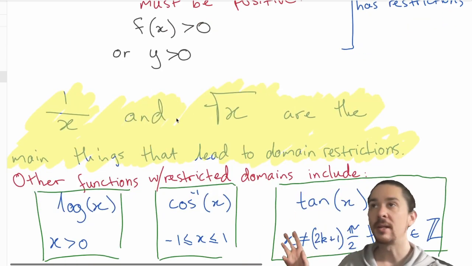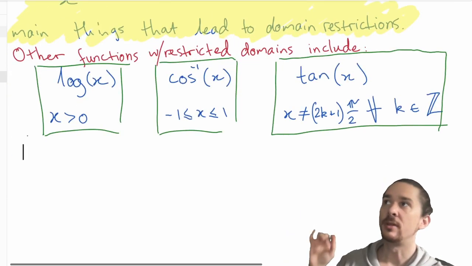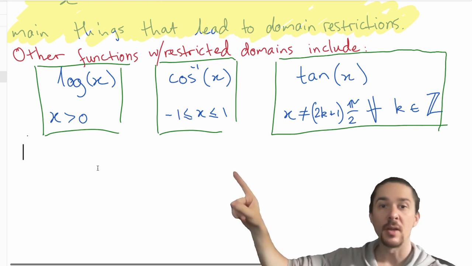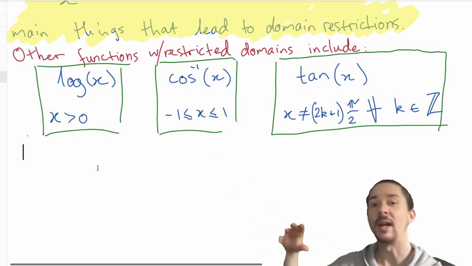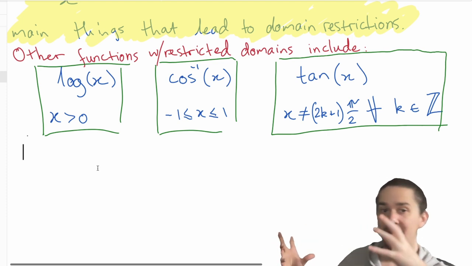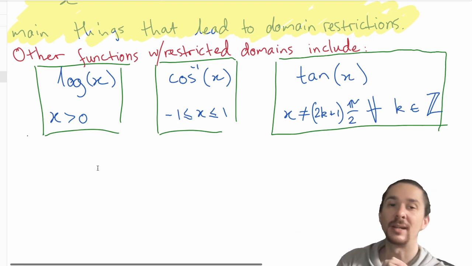But there are other cases where we also have restrictions on the domain. Some examples of these other cases include the log function, where x must be greater than 0. We have the inverse cosine function, where x must be greater than or equal to -1 and less than or equal to 1. Or we could have something a little fancier like the tan function.